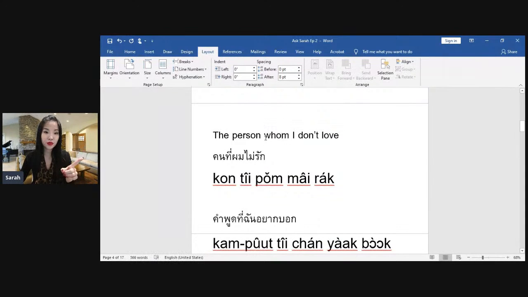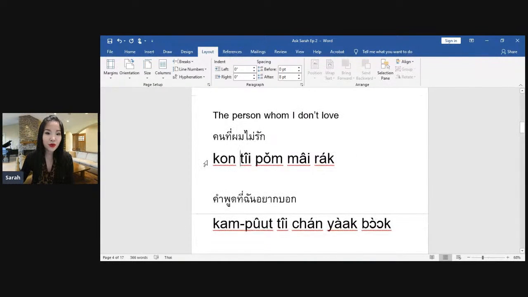It's whom in English, but if you translate that into Thai, it's ใคร. But in Thai, we don't use that as a relative pronoun. ใคร is a WH word in Thai. We don't use it as a relative pronoun like in English. It's different, okay? So คนที่ผมไม่รัก, คน, person, ที่ is the relative pronoun that refers to คน, okay?